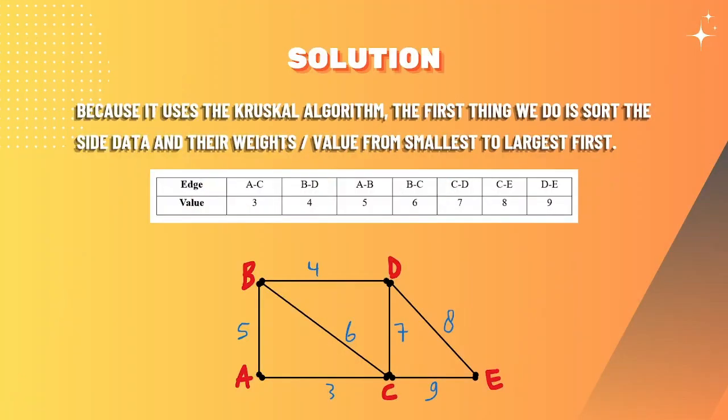Because it uses the Kruskal algorithm, the first thing we do is sort the edge data and their weight or value from smallest to largest first. On this presentation, we have the picture of the edges and values from smallest to largest, and this one is the graph.